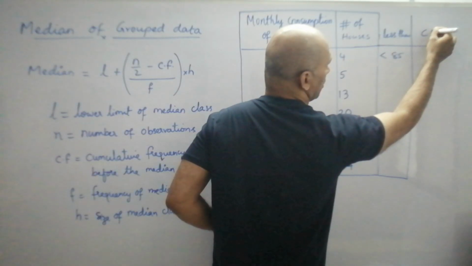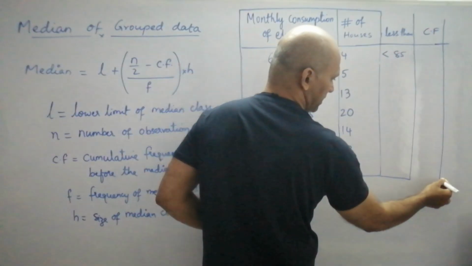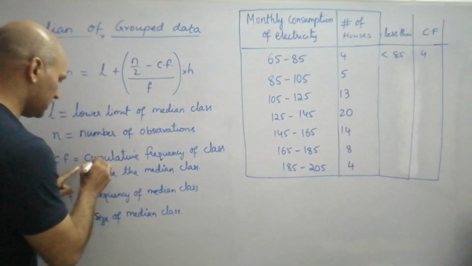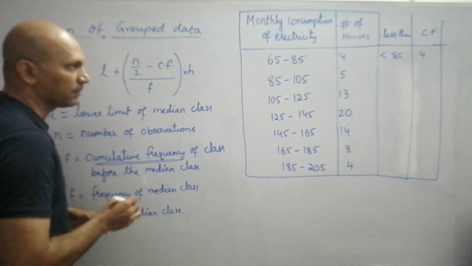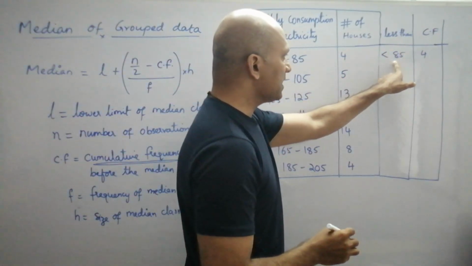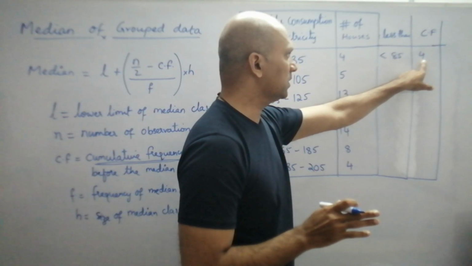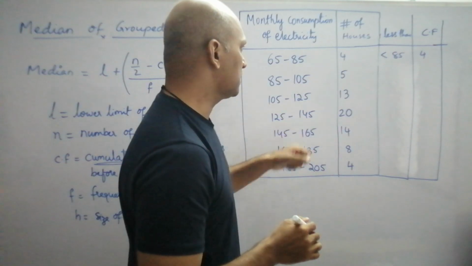So here in the last column we will write cumulative frequency. CF means cumulative frequency. So less than 85 units, how many houses are consuming? 4 houses.